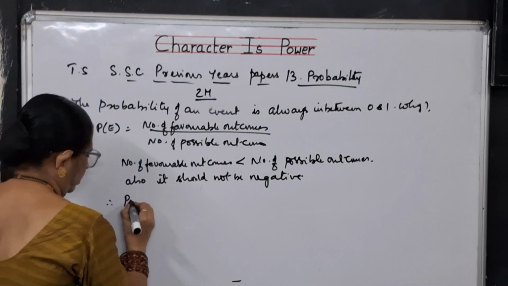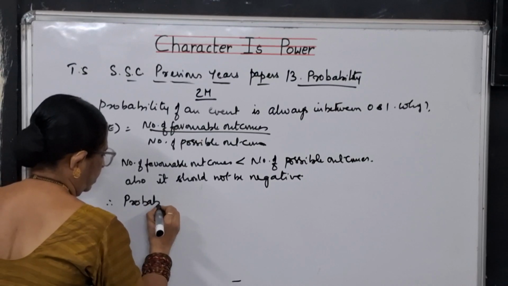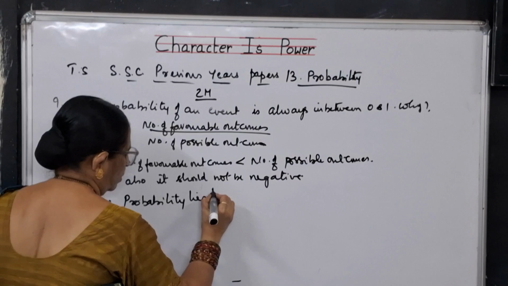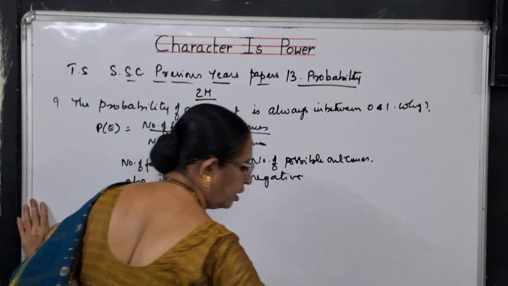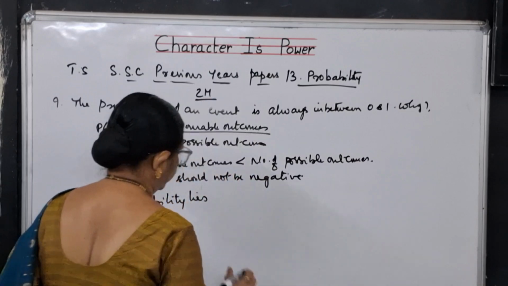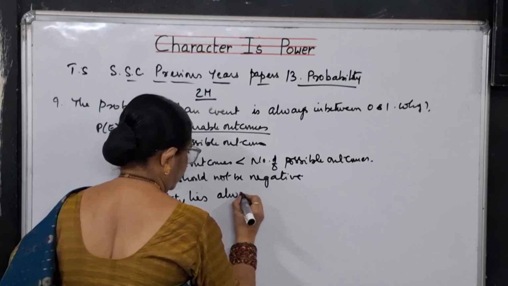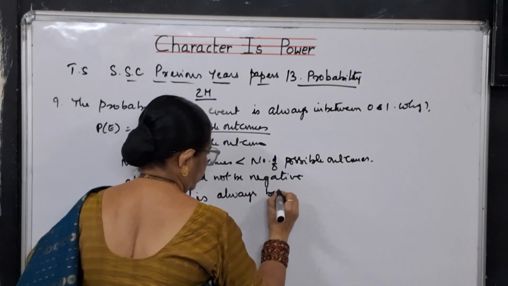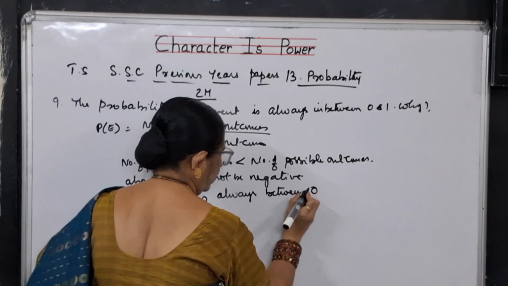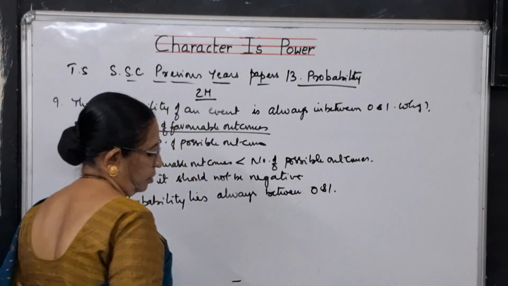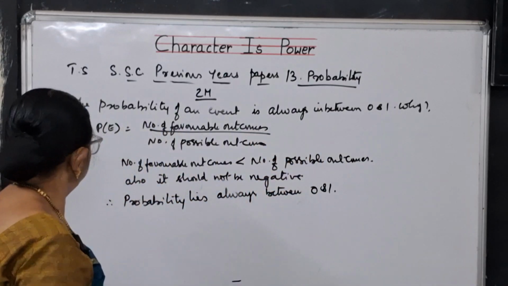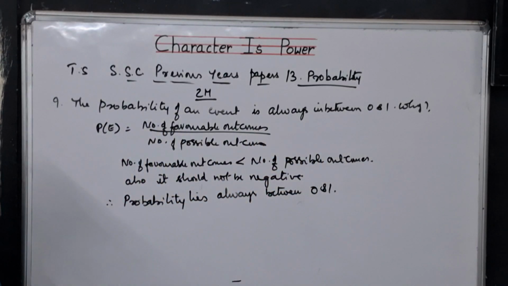Therefore, probability lies always between 0 and 1. So, this is the answer, children. Write down. Ninth one.